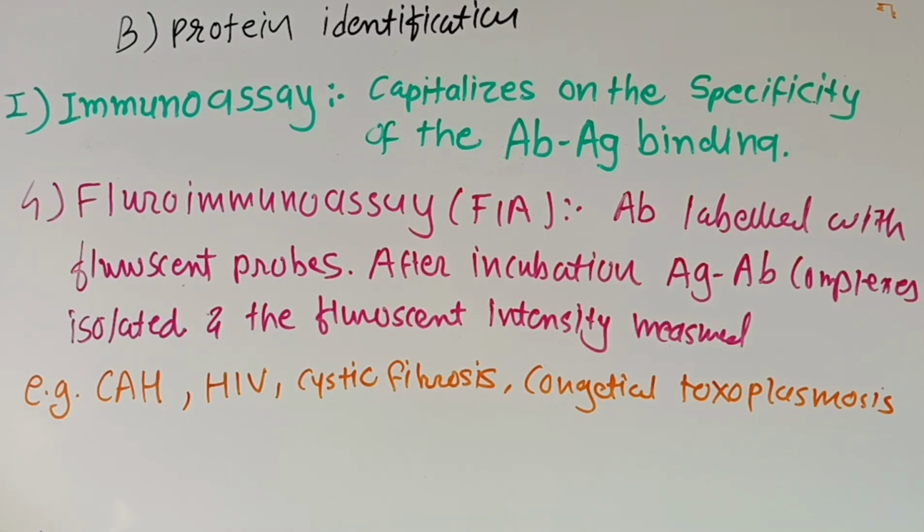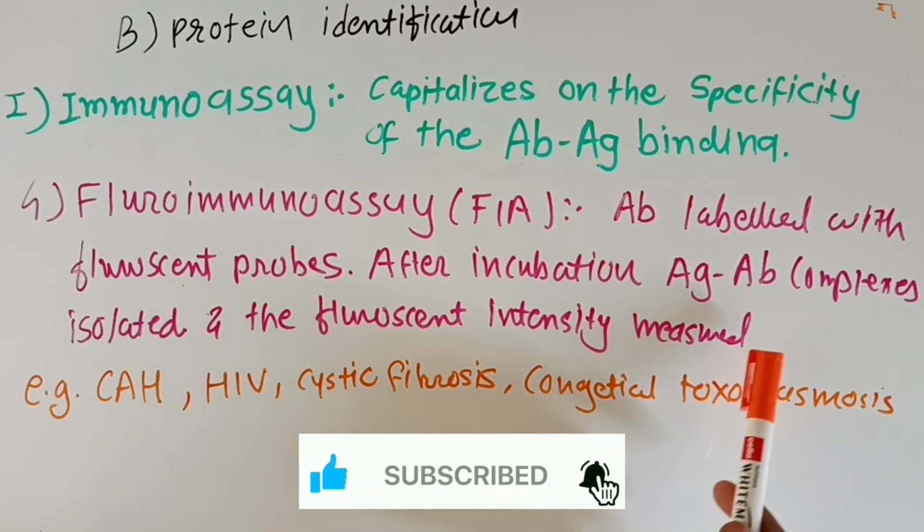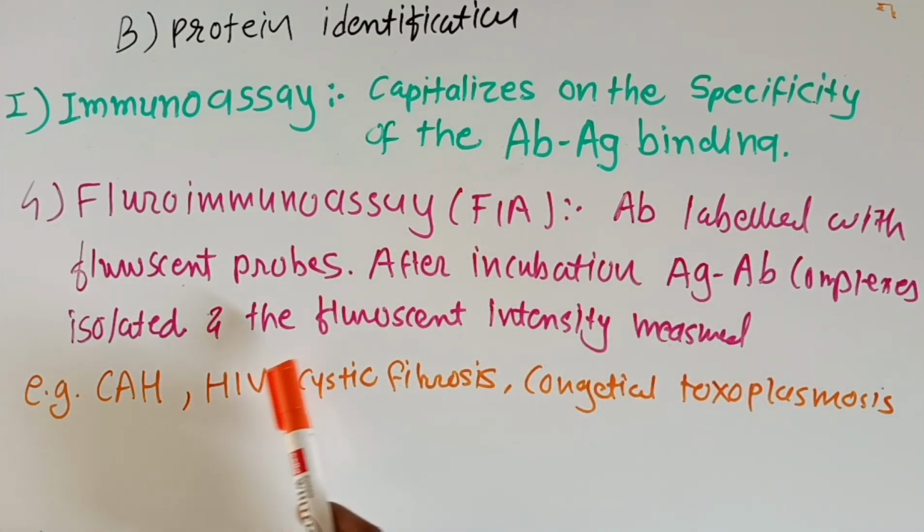Now fourth in immunoassay is fluoroimmunoassay. As the name suggests, a fluorescent probe is used for the detection. So here the antibody is labeled with a fluorescent probe. After incubation, the antigen antibody complex is isolated and the fluorescent intensity is measured. So this is the mode of action of fluorescent immunoassay. Now application.